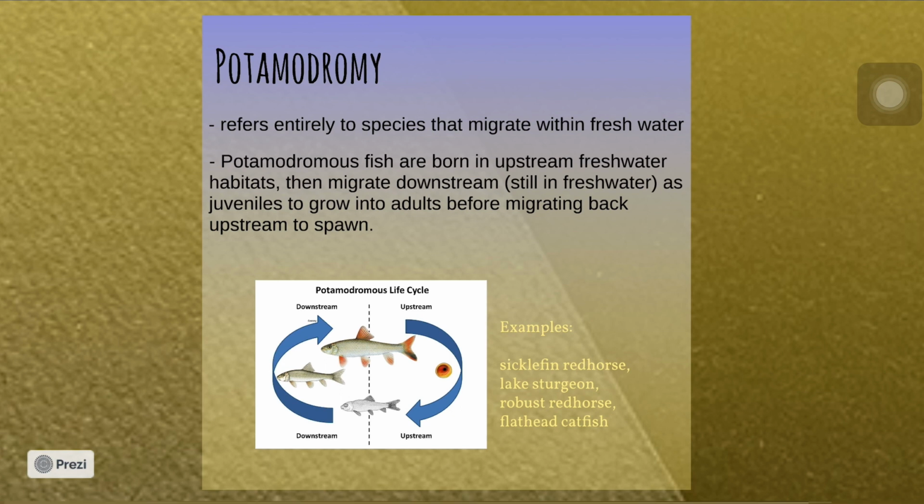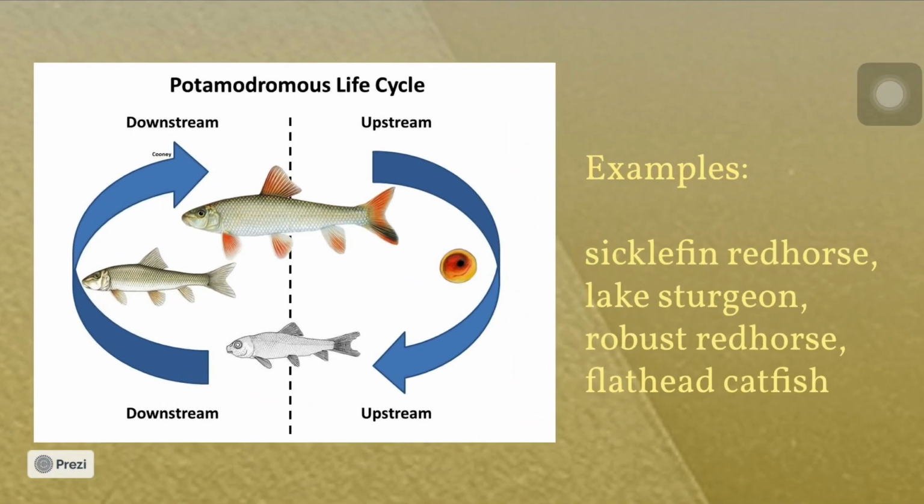Examples of these are silver redhorse, lake sturgeon, robust redhorse, and flathead catfish. These are potamodromous life cycles.